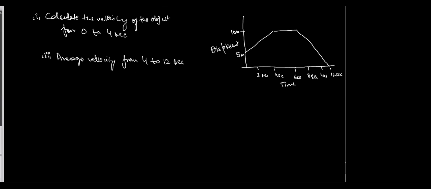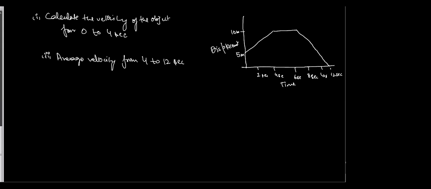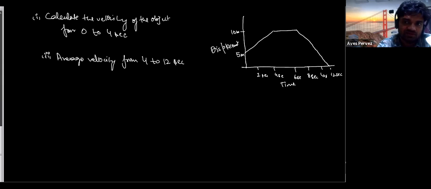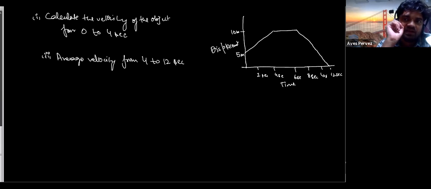Displacement upon time. Yes, displacement upon time. This is simple and easy. So what is the displacement from 0 to 4 seconds? Sir, 5 meter. Okay, 5 meter, because the initial displacement at 0 is 5 and the final displacement is 10. So the net displacement from 0 to 4 seconds is only 5 meter.